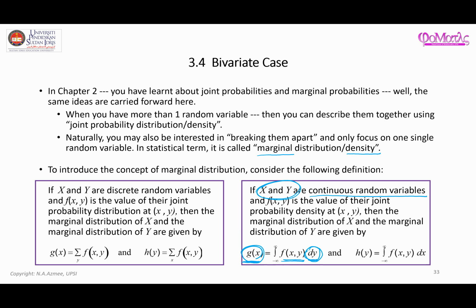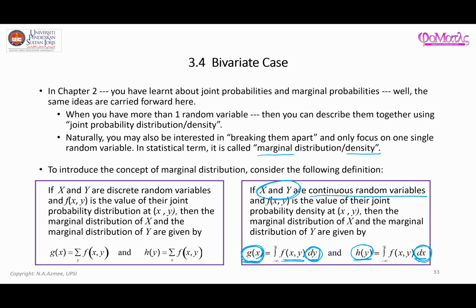And if you are interested in finding the marginal distribution for y, you have to integrate this joint density with respect to x. So if you want y, you will integrate with respect to x, and if you want x, you will integrate with respect to y.